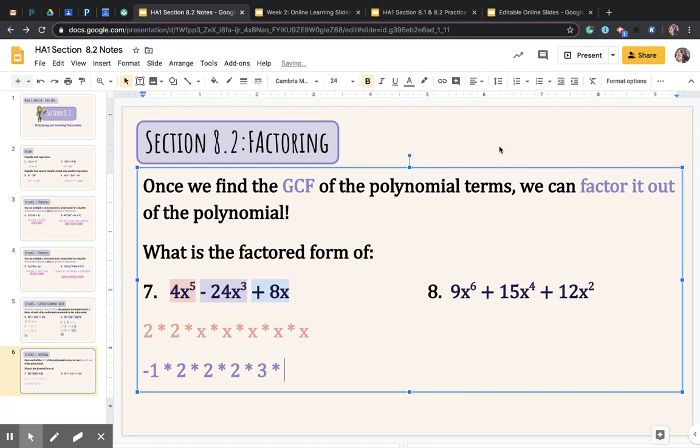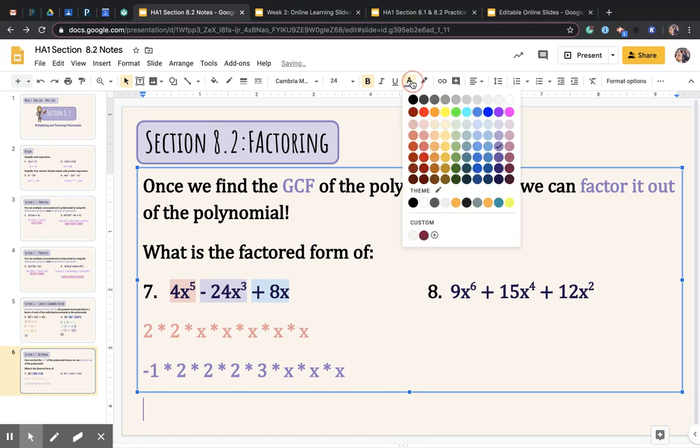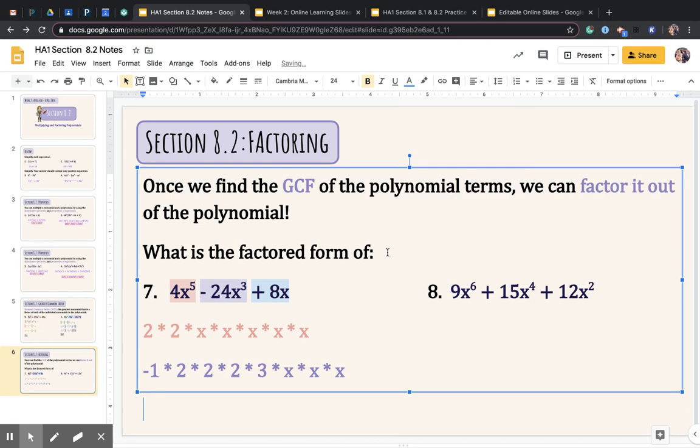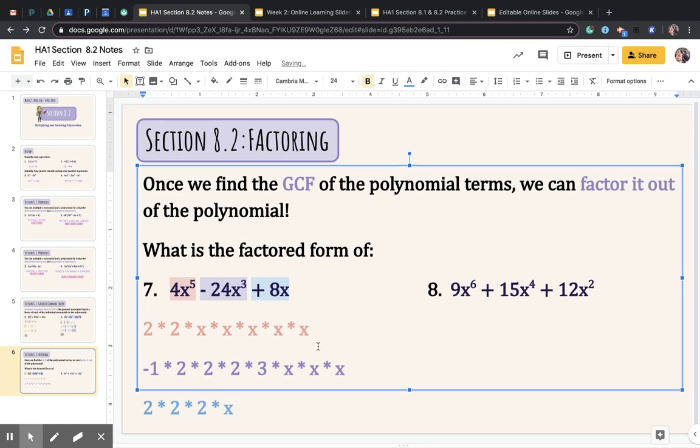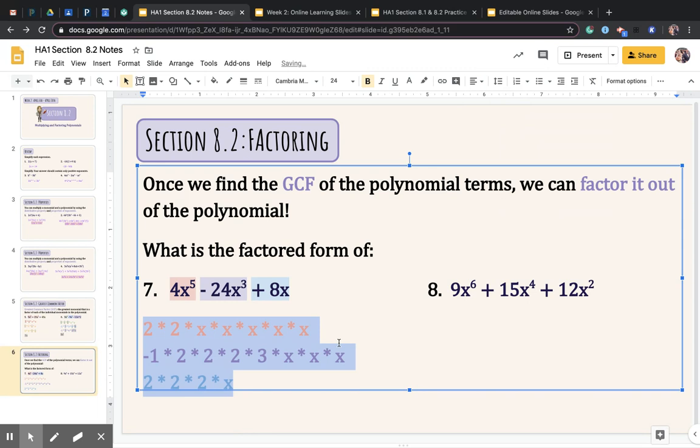And then times x times x times x. And then we're going to do the blue. So the blue, let's pick a different color, is 8x, so that's going to be 2 times 2 times 2 times x.